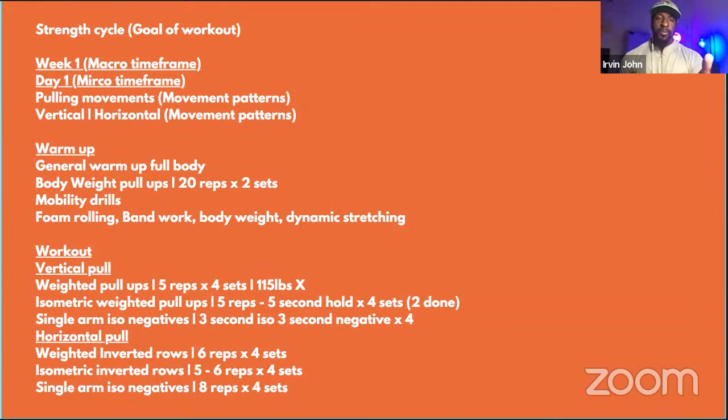The macro, when I say macro, is only macro for this day. So this is the week we're looking at. This is day 1 of that week. On the micro time frame, that would be this workout right here, where we're focusing on pulling movements, vertical and horizontal. So we're focusing on pulling movements, and the actual movement plane, vertical and horizontal.